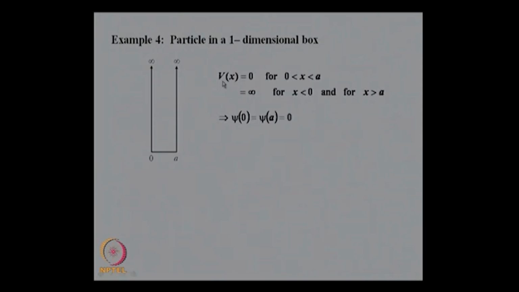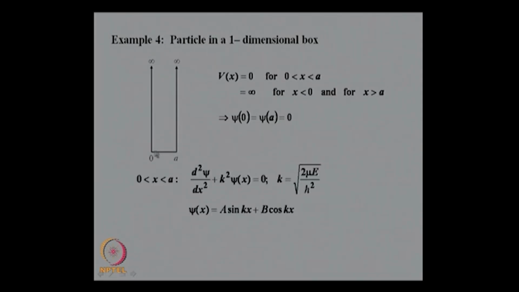The potential energy function is 0 between x equal to 0 and x is equal to a, and it has an infinite jump at x equal to 0 and at x equal to a, so that the probability of finding the particle outside the well is 0, and therefore the wave function must vanish at x equal to 0 and at x equal to a.